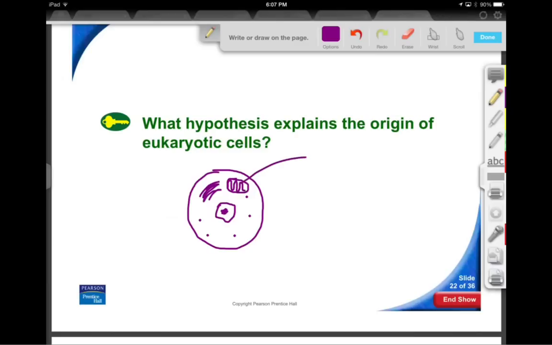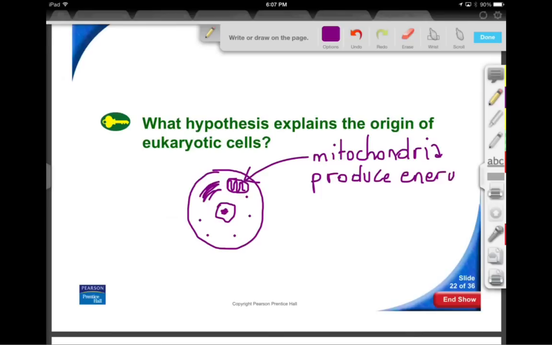Now this stumped everybody for a long time, because your mitochondria produce energy. Think of them as gas-powered generators in your cells. Okay? And generators run on fuel.